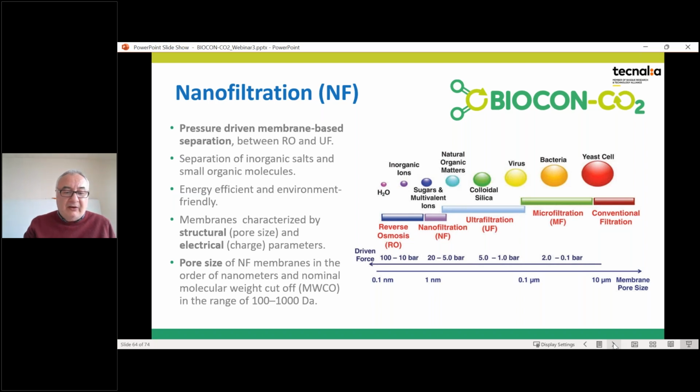Nanofiltration membranes are characterized by 2 kinds of parameters: structural, the pore size, and electrical, the membrane charge. Their pore size is in the order of nanometers, and their nominal molecular weight cutoff is in the range of 100 to 1,000 Daltons.